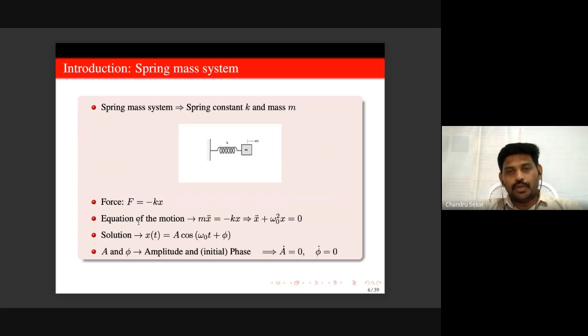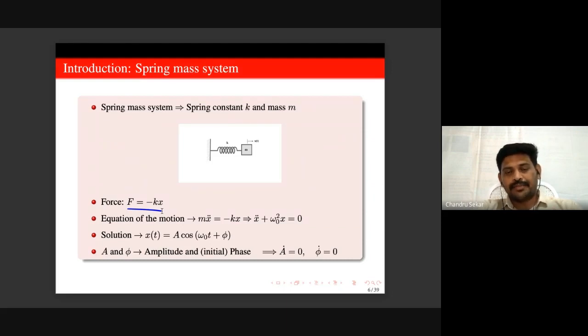According to Hooke's law, the force acting on the system is given by F equal to minus Kx. Once we know the force, we apply it in Newton's second law, F equal to ma, and identify the dynamical equation that represents this system.